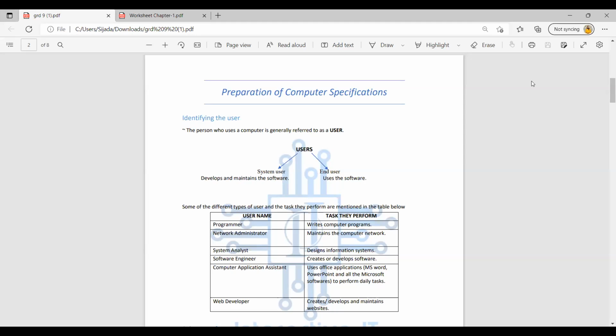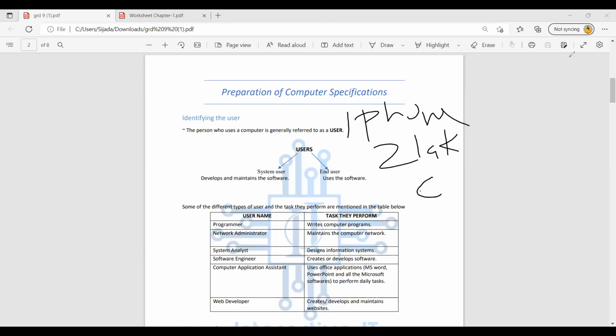Now, I'll explain it in a very simple manner. Say I bought an iPhone. The worth of the iPhone is, say, 2 lakhs. The specification of the iPhone is that it has a good camera, good storage, good battery, almost everything is good.